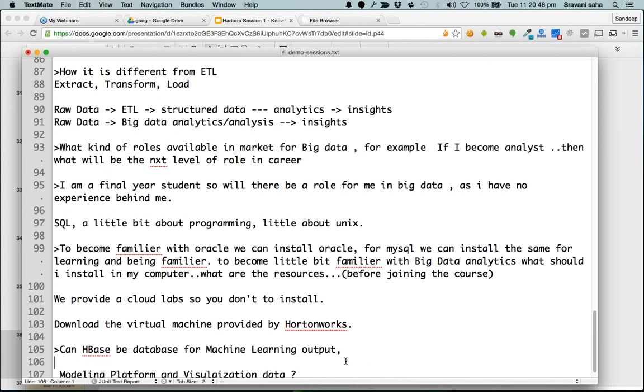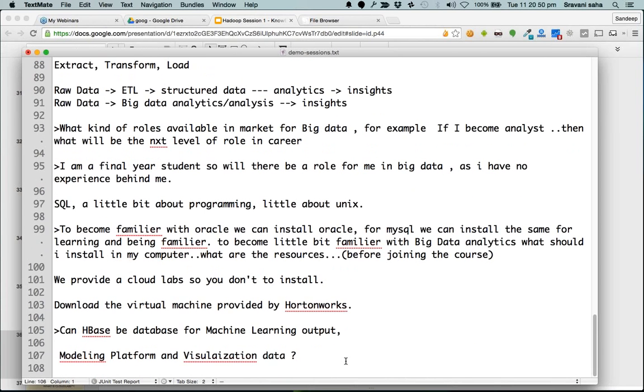Can HBase be a database for machine learning output? My answer is you don't need to.